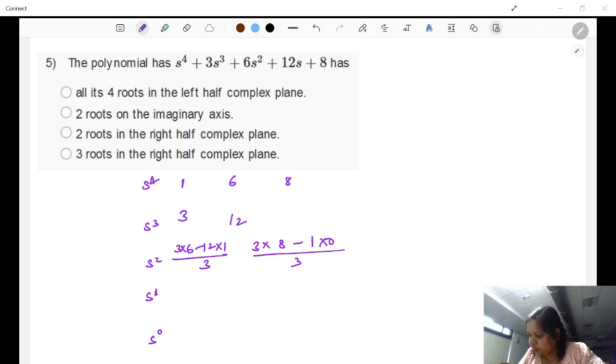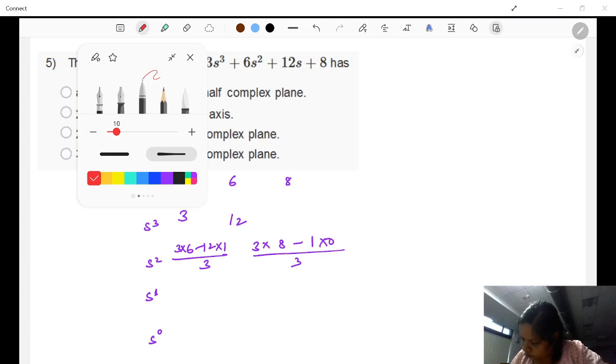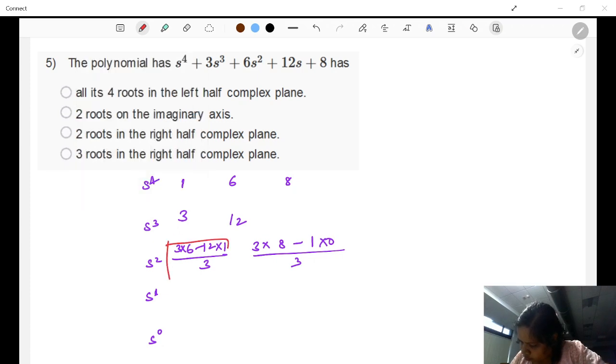So when you write this, you get this whole term and this whole term. This would be 18 minus 12 by 3, so this would just be 2, and this would be 8.